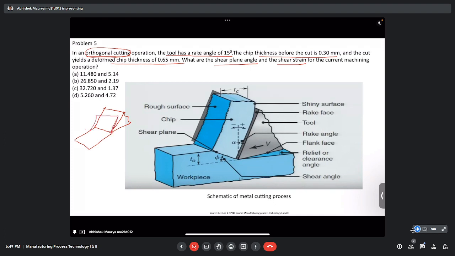Chip formation is happening. The cutting motion is in this direction. If the tool edge is perpendicular to this cutting velocity, in that case we call it orthogonal cutting.